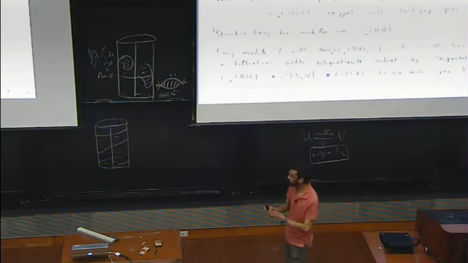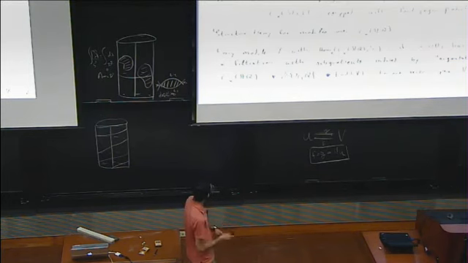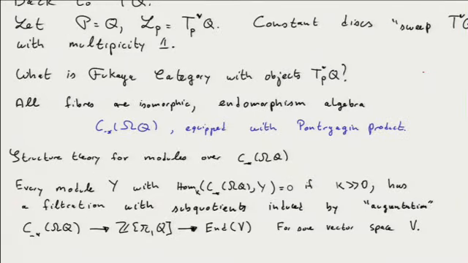But moreover, modules supported in 1 degree all come from the following construction. You start with chains on the base loop space. You map to the group ring by collapsing everything that is not in degree 0. And then you take just a representation of this group. And that constructs for you a module by pulling back.